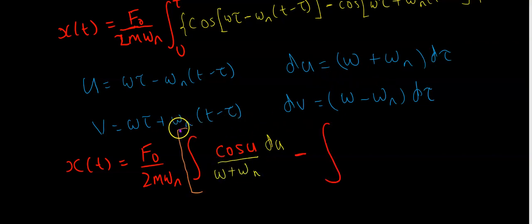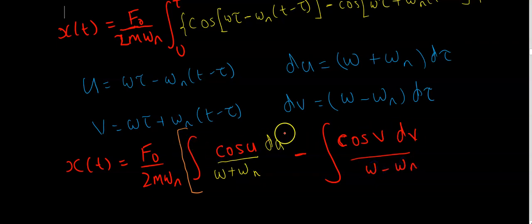So now we can put a little bracket here, and we'll put in a minus sign for this minus sign here, and then we start with the new integral, which is cos v, and again I want to change d tau to dv, divided by omega minus omega_n.